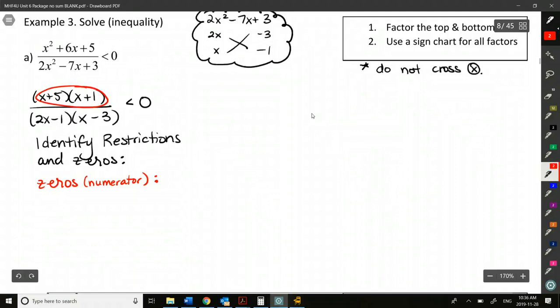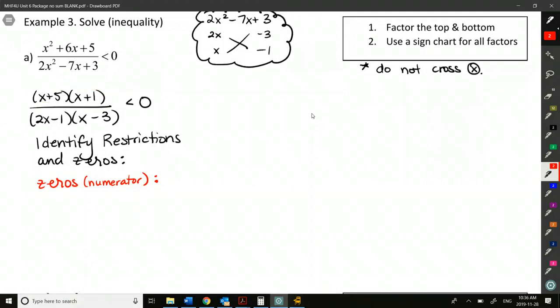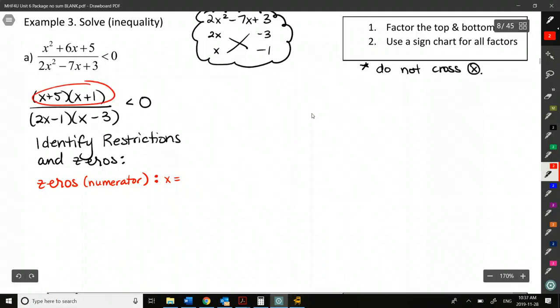Or what are my solutions in the numerator here? They're kind of like restrictions, but I get them from the numerator, and this is where what x's I could input into this numerator to cause the numerator to equal 0, or to have a y value of 0. So what do I get from each of these brackets for my x's?